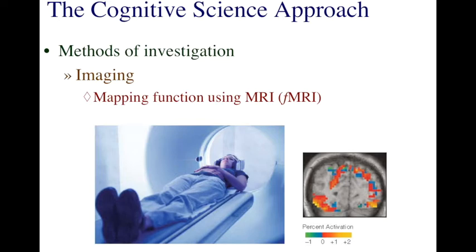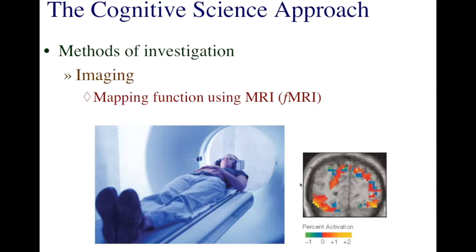Today, most imaging is done using MRI, but rather than look at the structural aspects of the brain, the MRI machine is programmed to detect oxygenated blood. So just like the PET scanner, it can follow the blood flow around the brain.